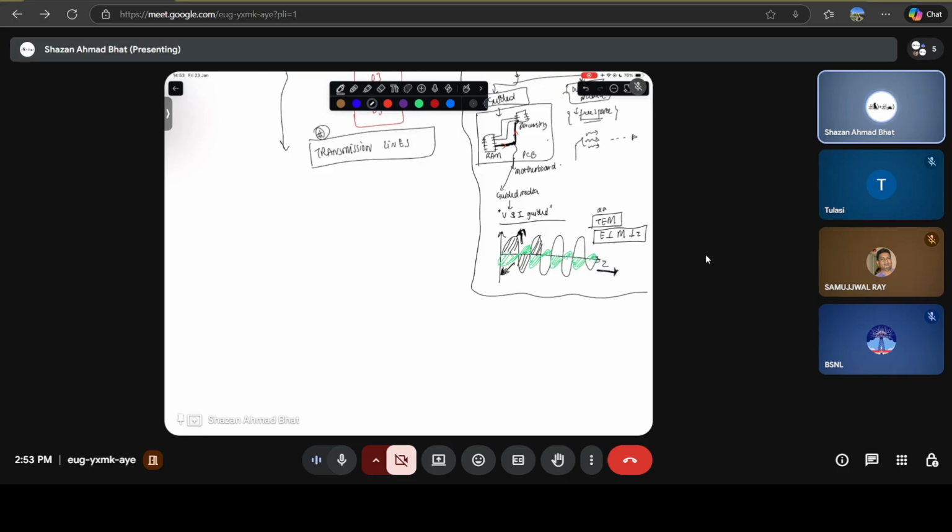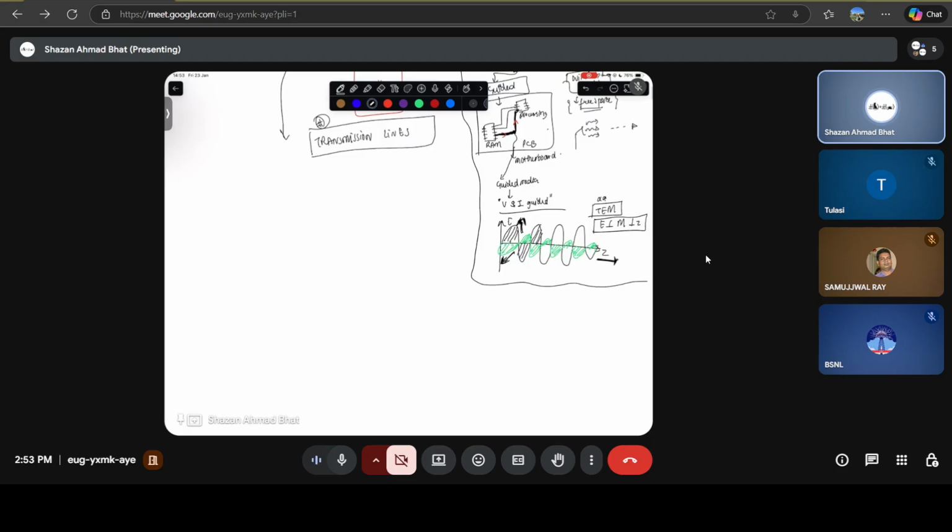That's why it's called a transverse electromagnetic wave, a sinusoidal one, with oscillating electric and magnetic field components. So this is the E field, and this is the B field, the magnetic field.